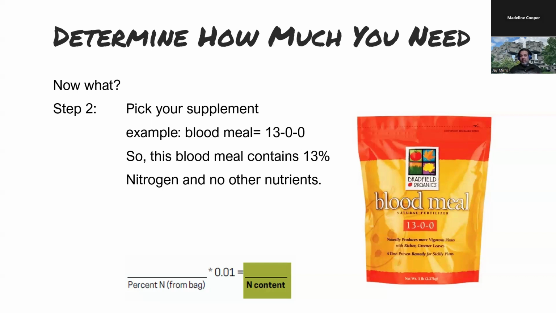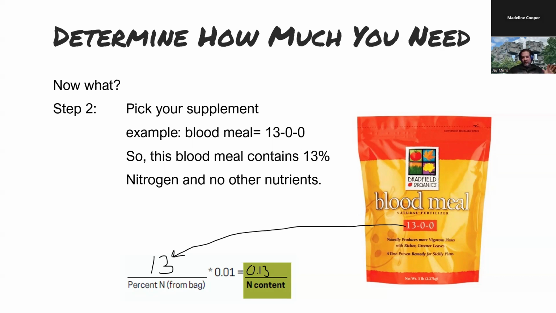All different products will have that guaranteed analysis, and some might have more or less depending on what they are. This one is 13%, so we're going to put the 13 here, and then multiply it by 0.01, or divide by 100 to put it into percent form. 13% or 0.13.